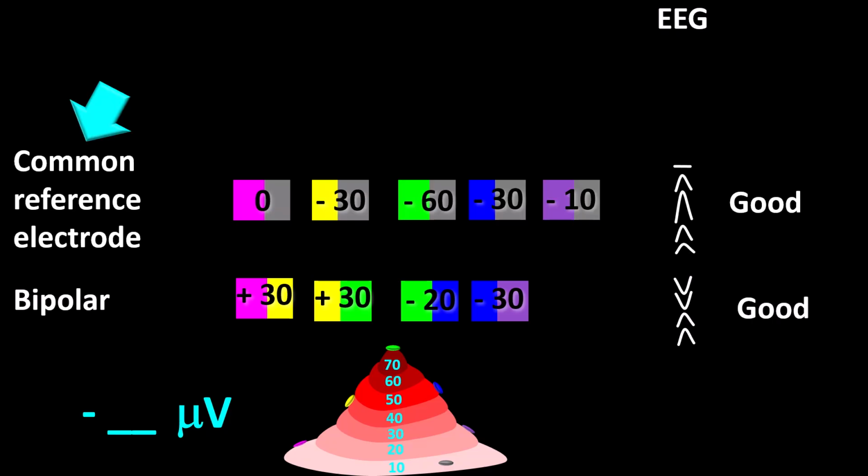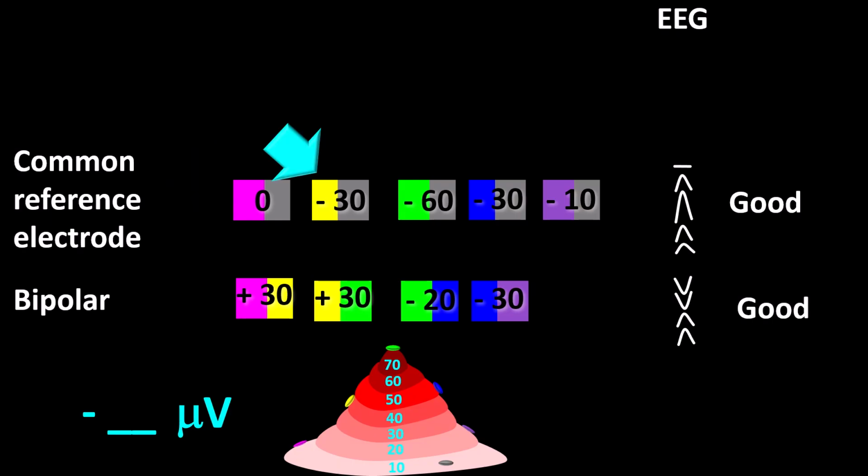Using a common electrode reference with the gray electrode pointed by the arrow as the common reference electrode will also have a simple mathematical distribution. As you can see, since the gray electrode and the magenta electrode are at the same voltage level, they will register no potential.